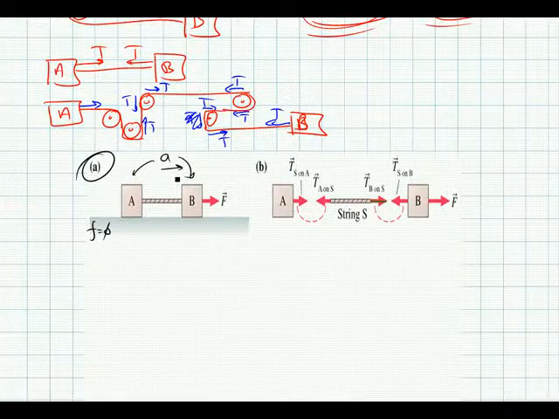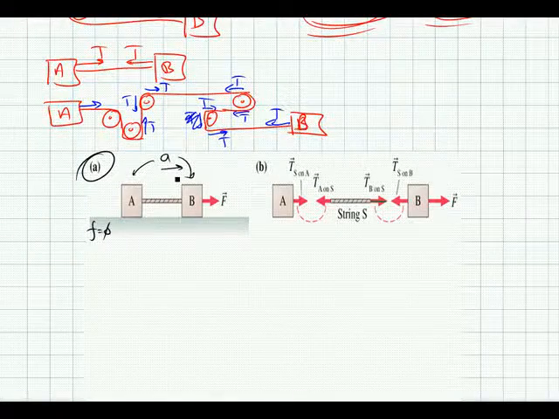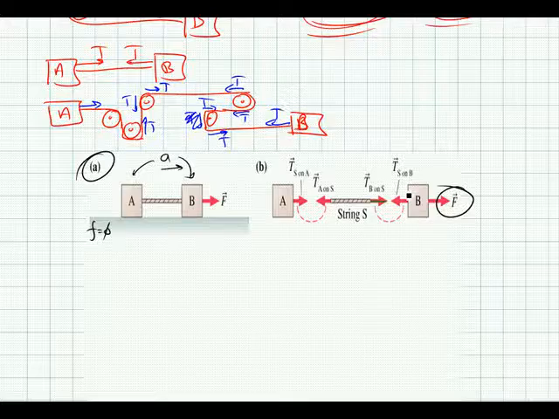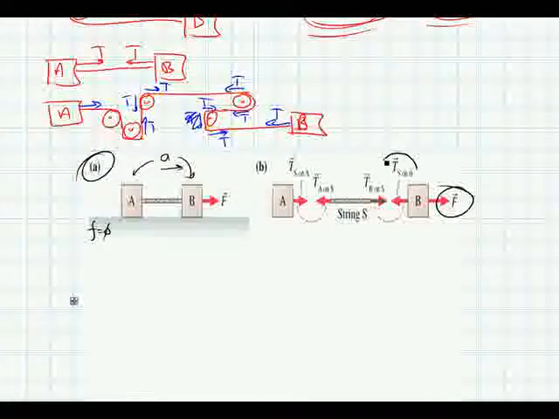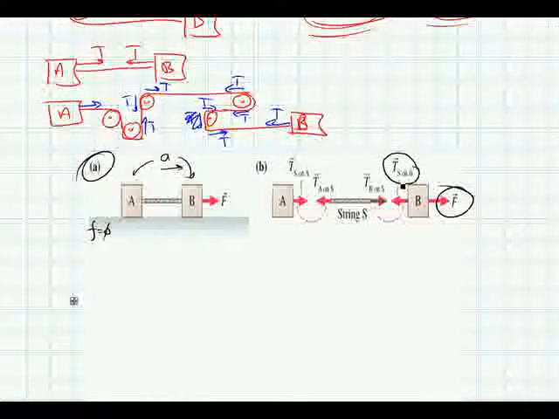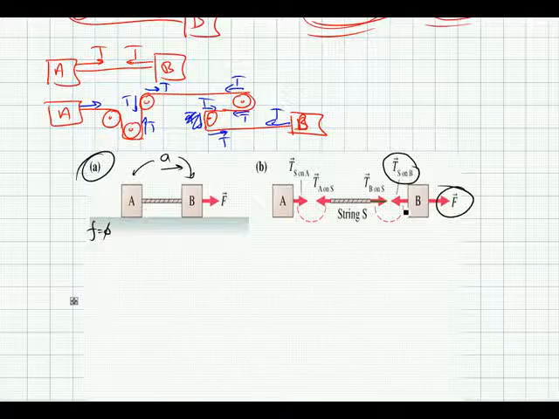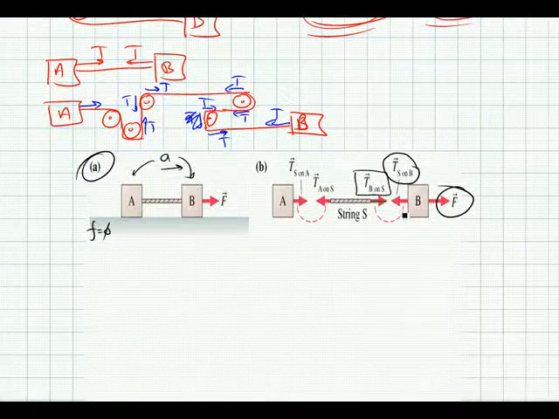Now, if you consider the forces acting on object B, of course we have force F yanking the object to the right, and there is a force of the string on B pulling it to the left. Now this force T_SB is an action-reaction pair with T_BS.